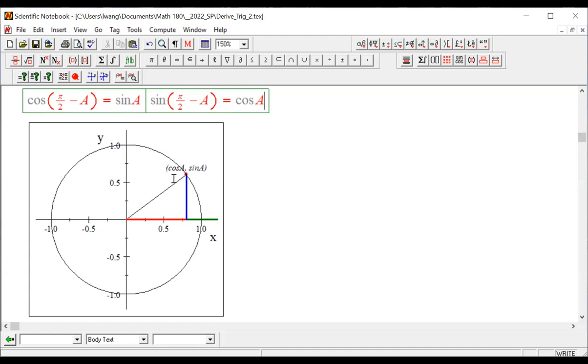So what you see is that we know the definition in geometry, right? In the geometric definition, this piece is A, right? And this angle, I'm going to mark it over here. This angle is pi over 2 minus A. Let me write it down.